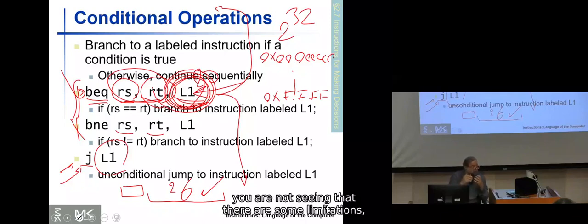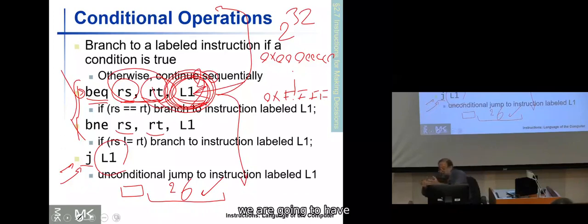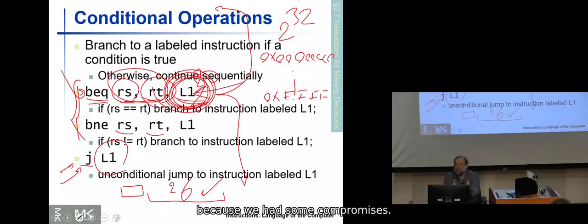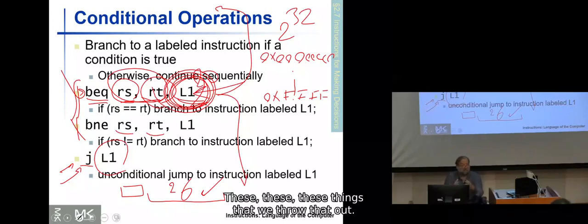You are now seeing that there are some limitations, some constraints with this design. But I've told you before, instead we are going to have a very effective and high performance processor because we had some compromises, some limitations, some regularities, some simplicities.